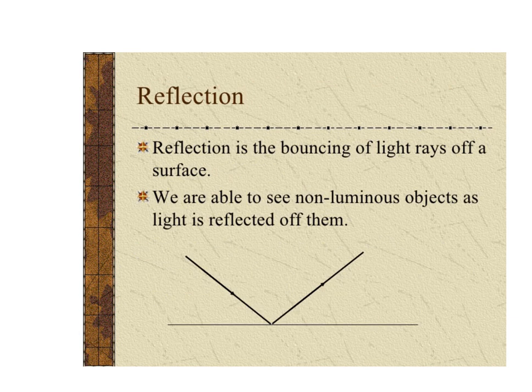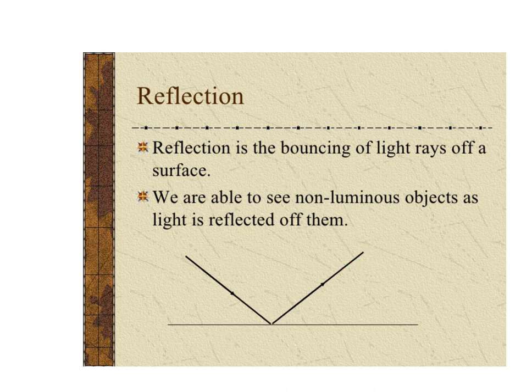Then reflection. Reflection is the bouncing of light rays off a surface. We are able to see non-luminous objects as light is reflected off them. So let us consider here, this is the incident ray which will be incident on this plane surface, and it will give this reflected ray.